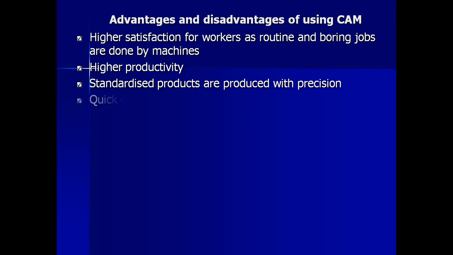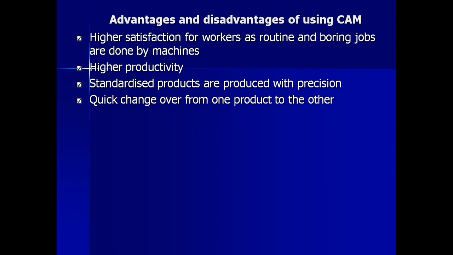Then we have a quick changeover from one product to the other. For example, if you are shifting from one product to another, this is easy with the help of machines, because you might have to change certain parts of the machines or robots, but after that they will be ready to produce another type of product. Yes, I know that you require some off time, because you might have to detach some parts of the machinery and attach other parts to produce another type of product.